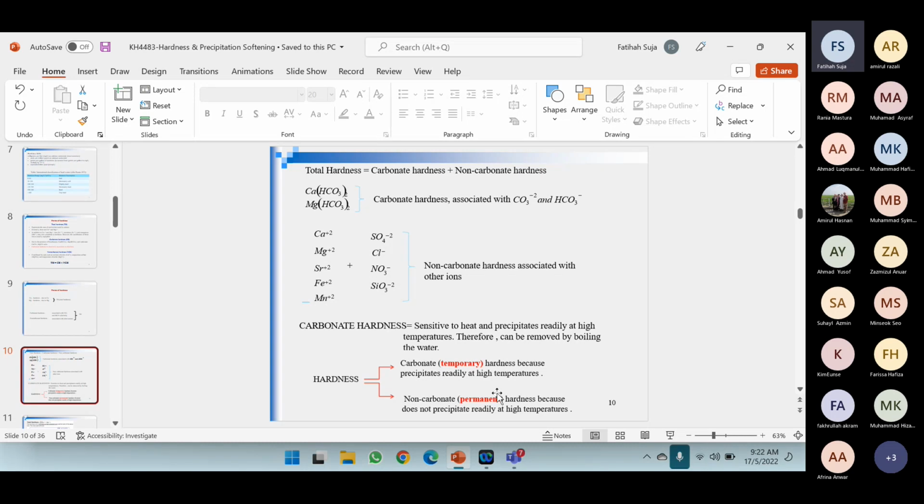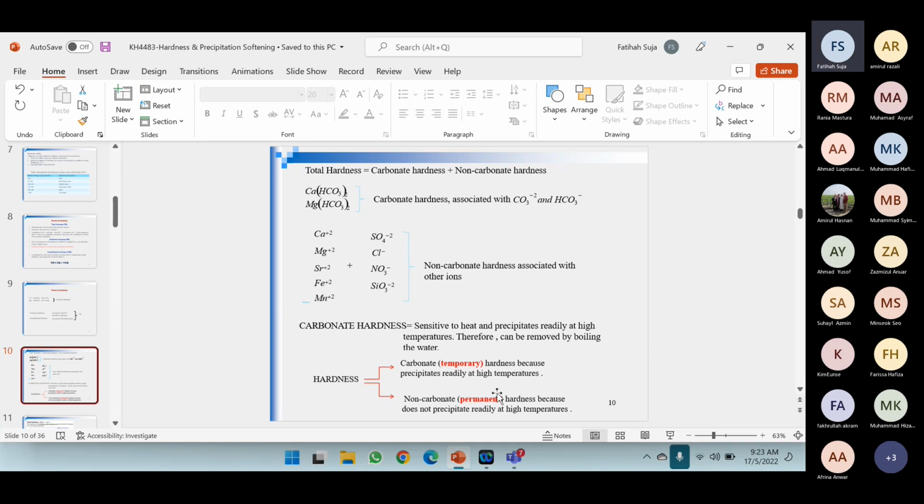But even though carbonate hardness can easily be removed by boiling the water, economically, and especially if it is a large amount of water, boiling is not an efficient treatment unit. So even though the hardness is temporary and you can remove it by boiling water, industrially it is not carried out that way.